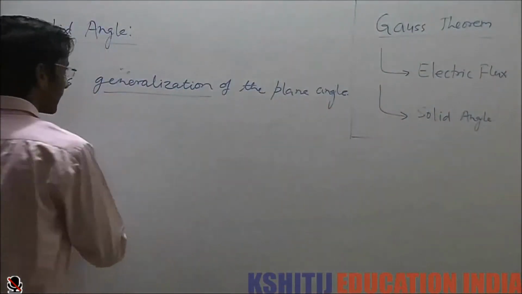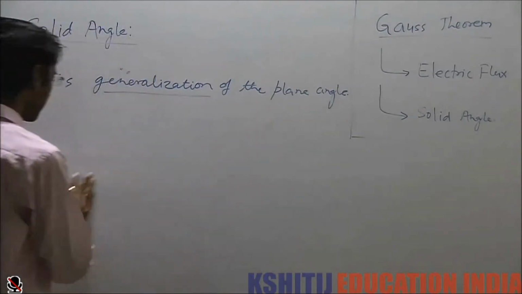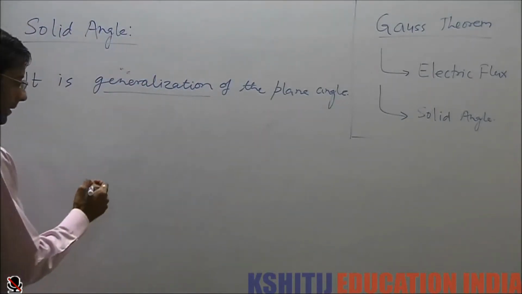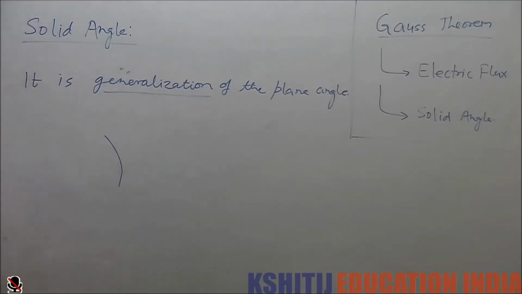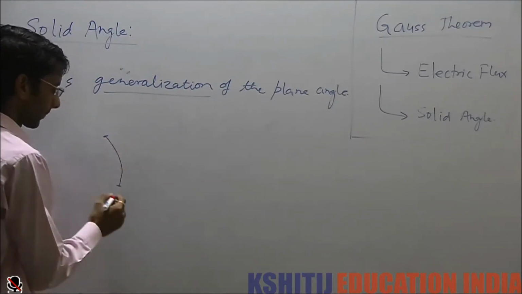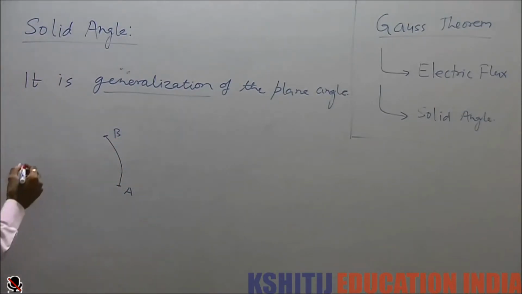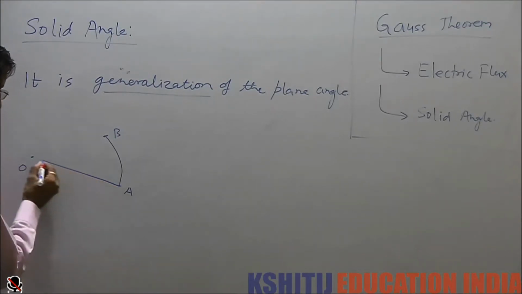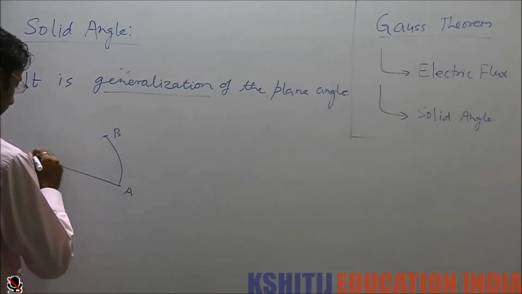Before we generalize, let's talk about the plane angle first. What is the plane angle? If any curve is given to us, let's say this is the curve, and we are interested in finding out the angle this curve makes at a point, let's say over here. So we join these two points with the point of our choice.